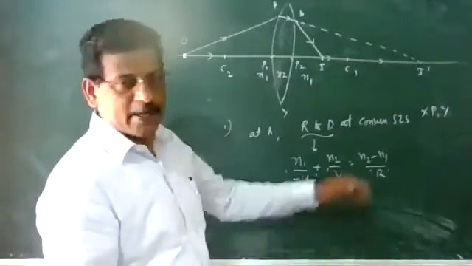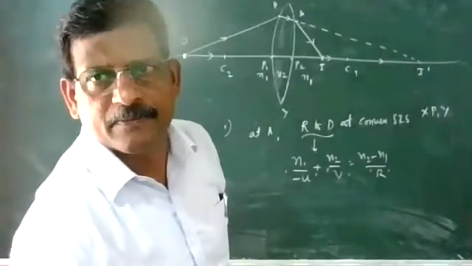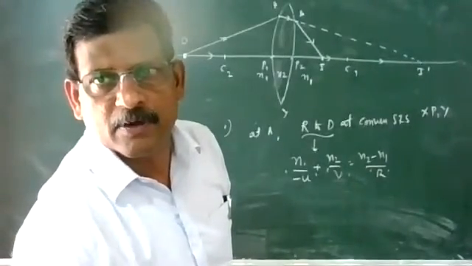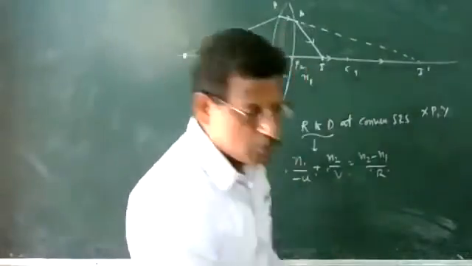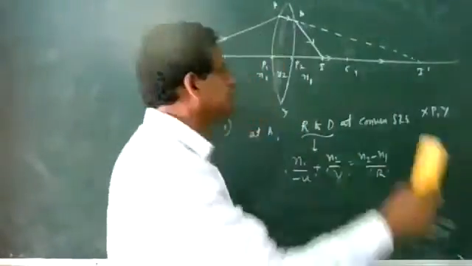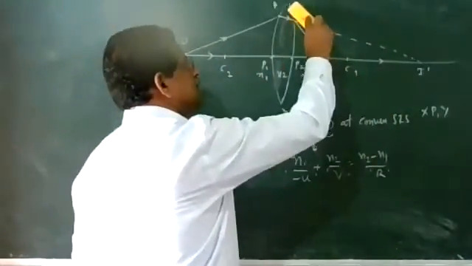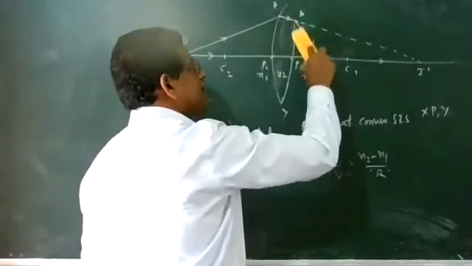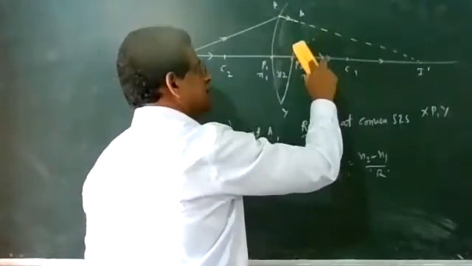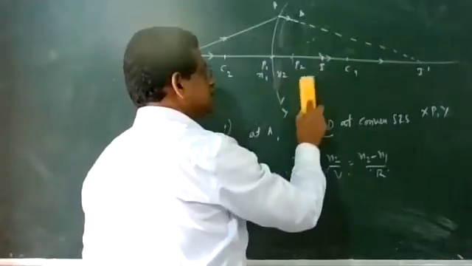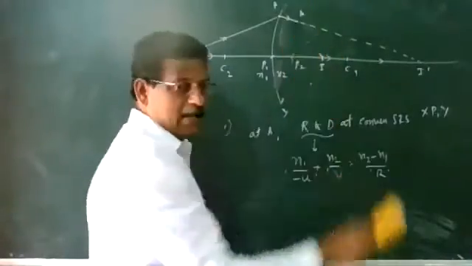So second diagram, first diagram completed. So next what I am going to do, just remove the second surface here. So it will be like this. After that diagram, we are thinking that the second medium is continuous and refraction is from rarer to denser.